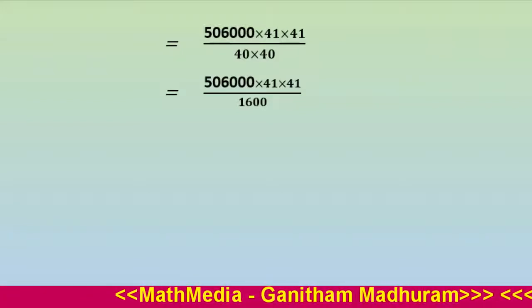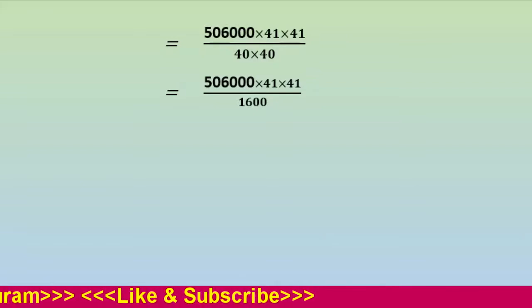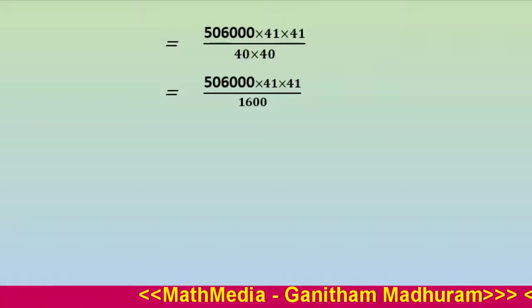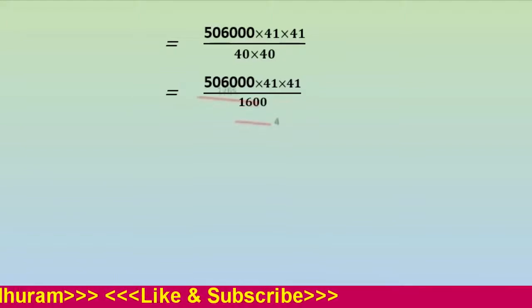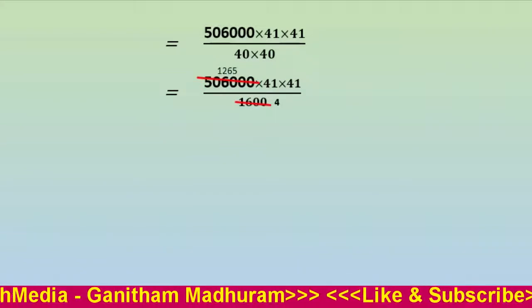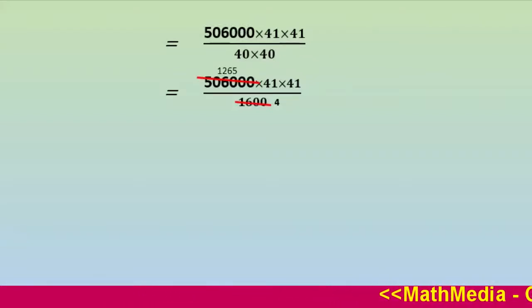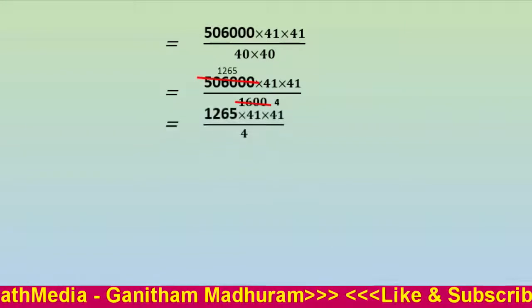Here in the numerator 5,06,000 and in the denominator 1,600. 400 is common, so we can divide both the numerator and denominator by 400. So we get in the numerator 1265 into 41 into 41 and the denominator 4.